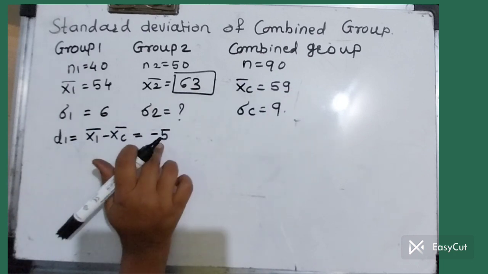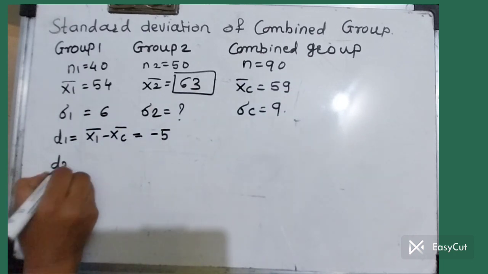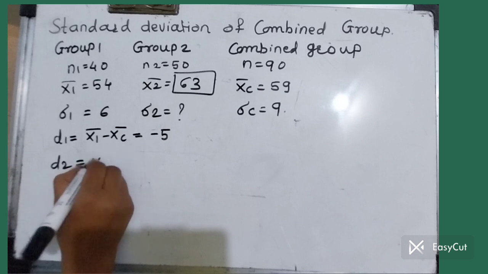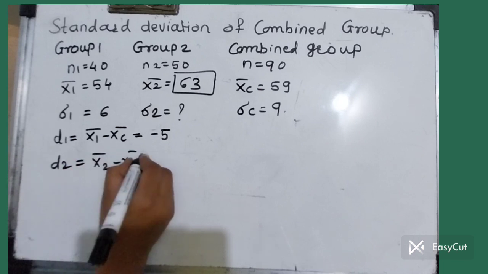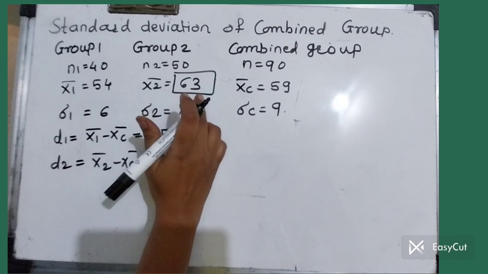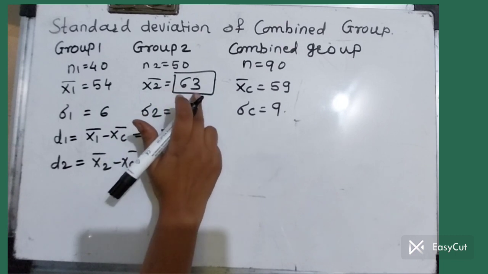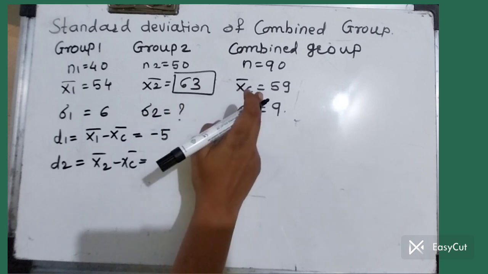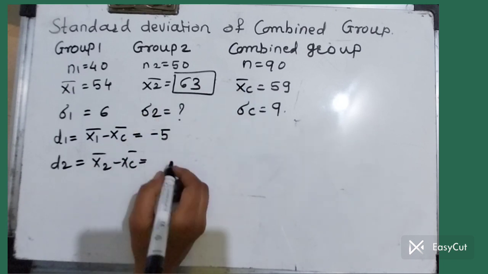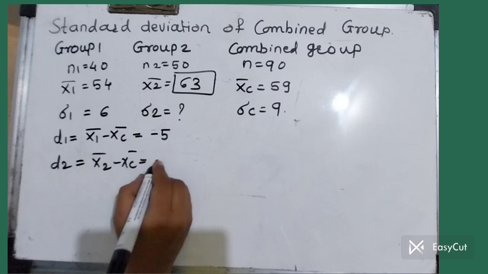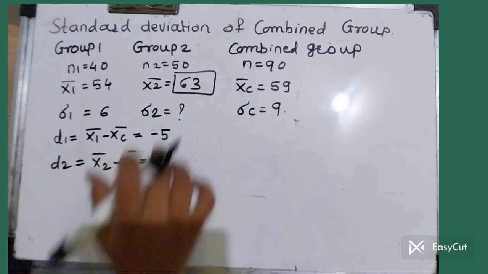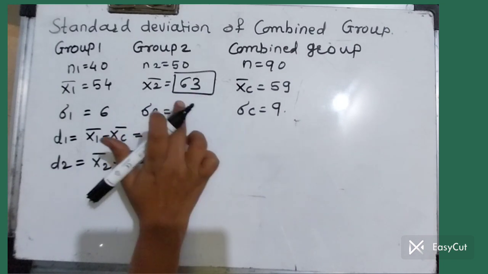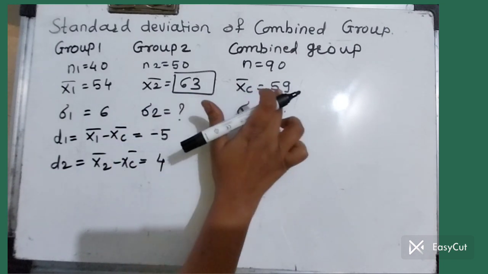So it is minus 5. Again D2 is X2 bar minus XC bar. X2 bar is 63 minus XC bar 59. So it is 4.